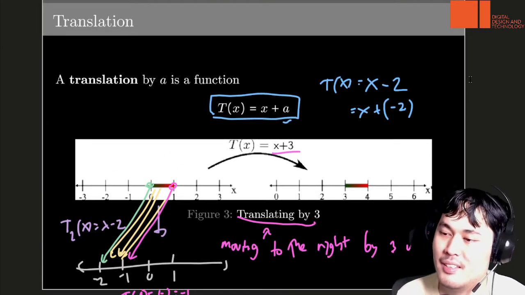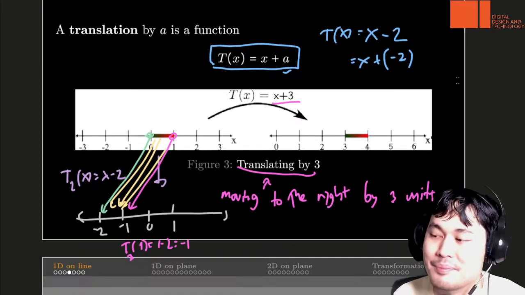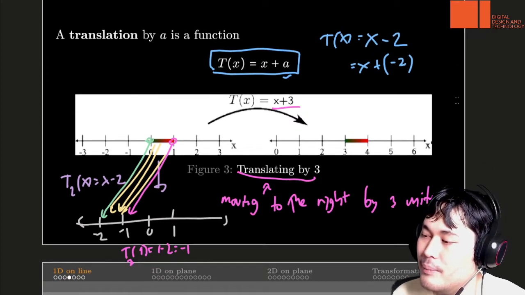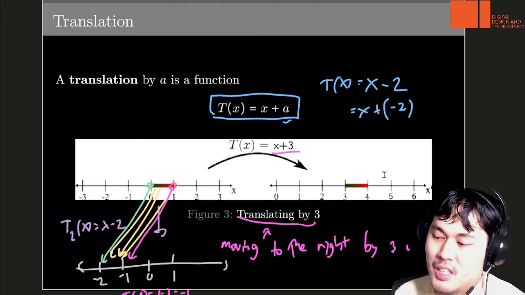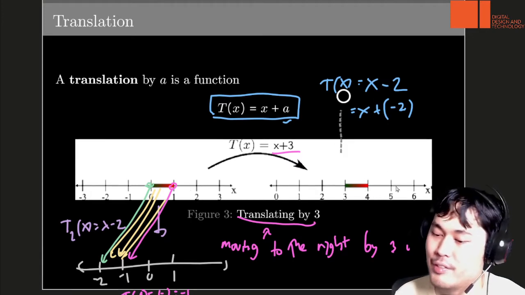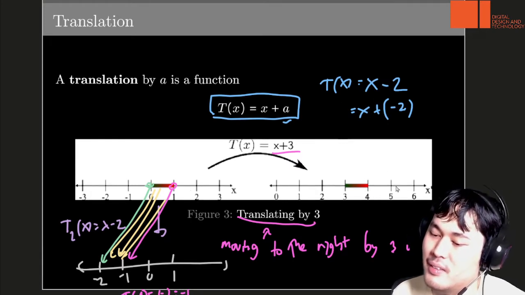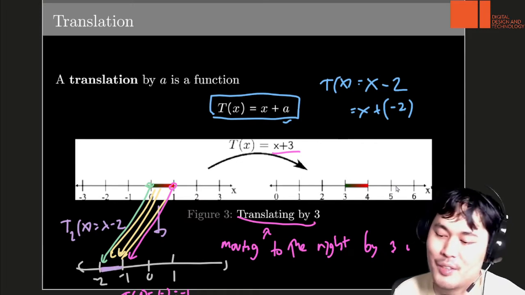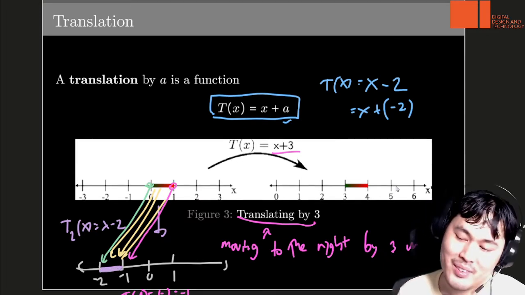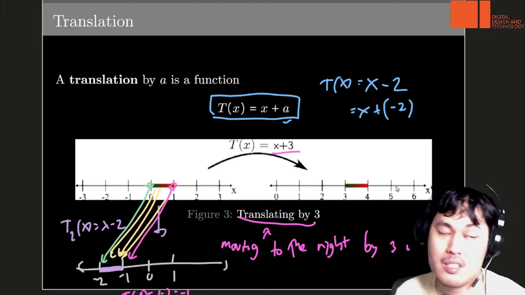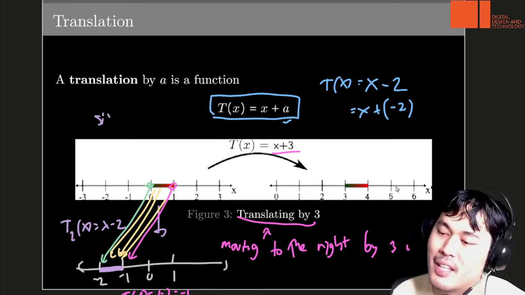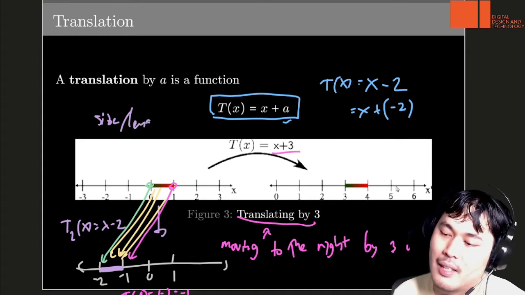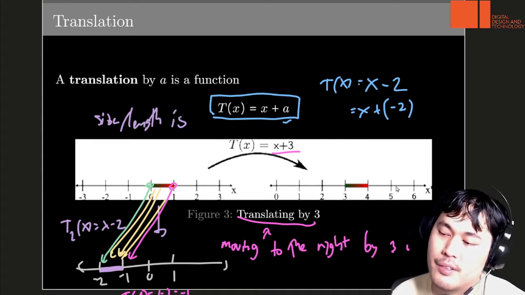Okay, nothing fancy yet for the translation. But if you look at the images before and after, there's one interesting note you can make, or maybe two if you are very observant. The first observation is that the size, or the length, of this line is preserved.